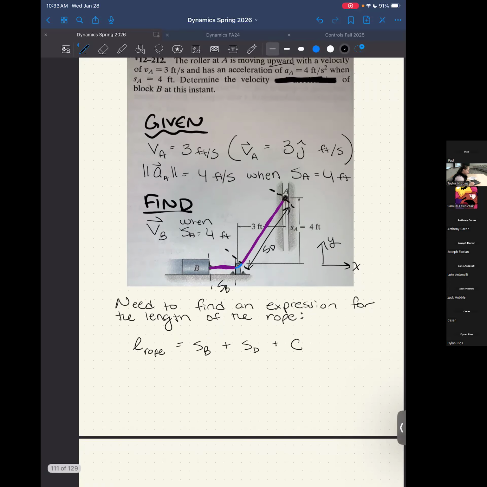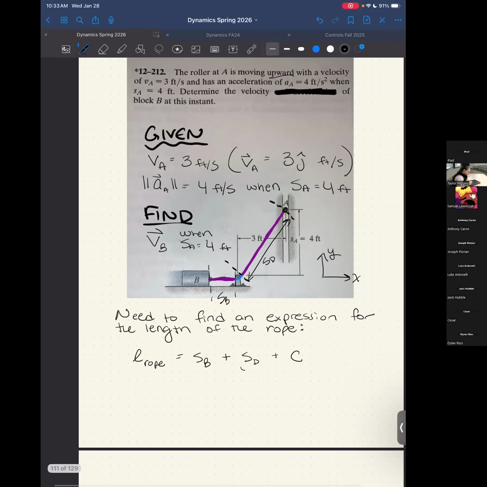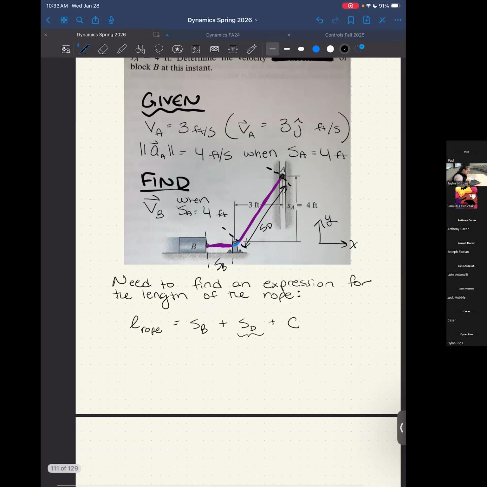However, we really don't want this SD variable. In fact, we can write it in terms of the variables that are involved in the problem statement. So we can write an expression for SD that involves SA and maybe another quantity. What do you think is one way to do that?